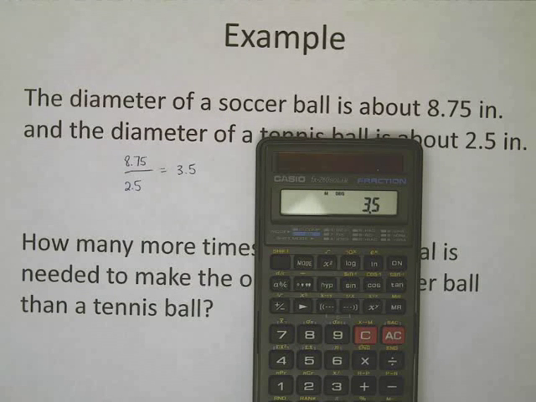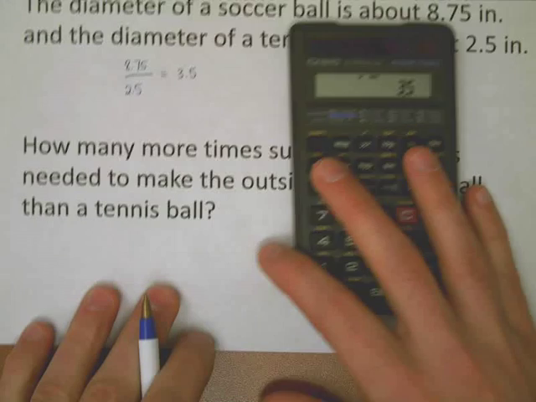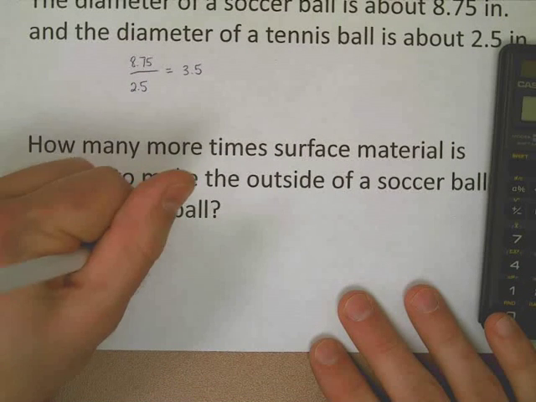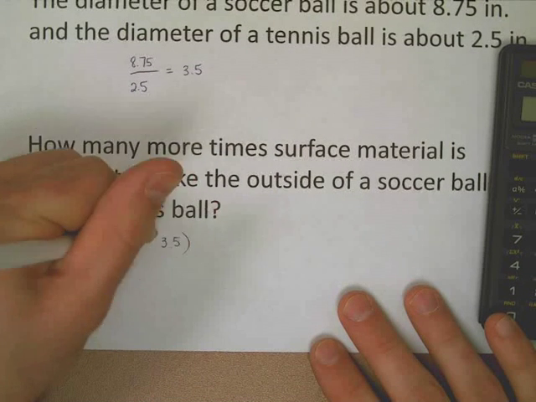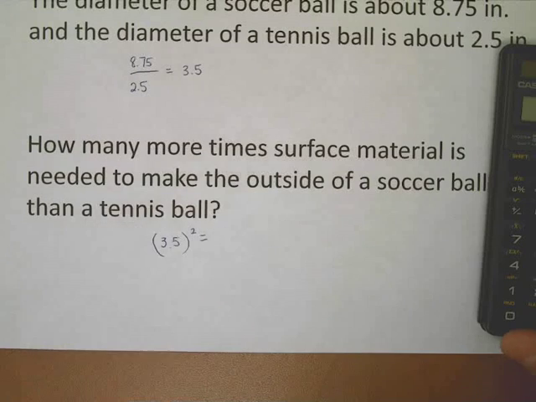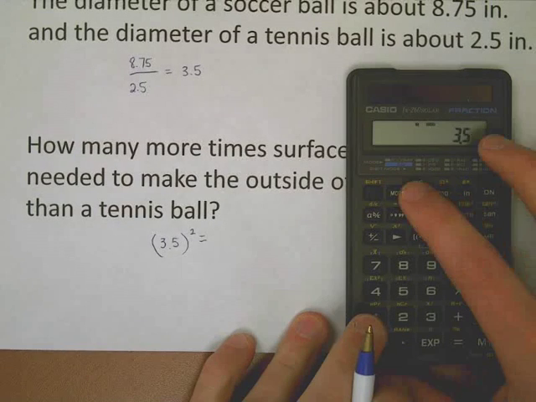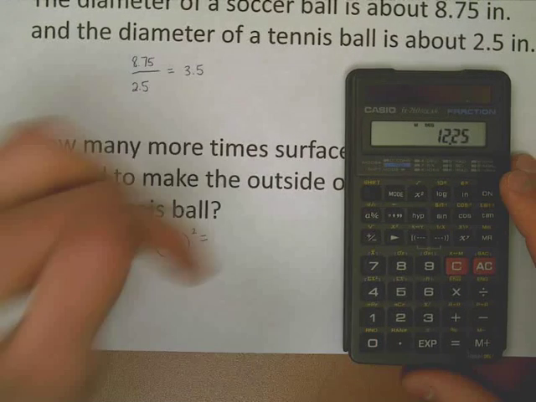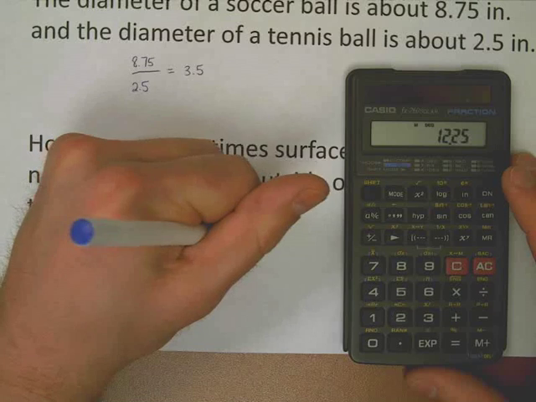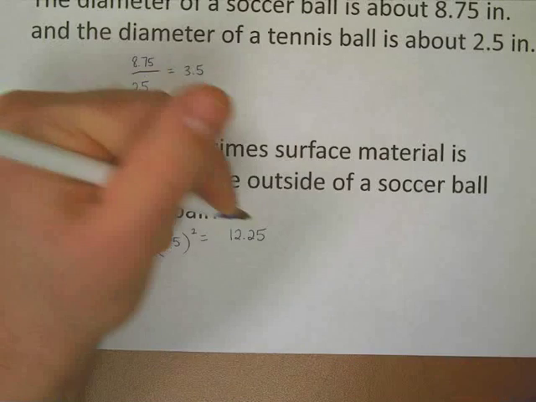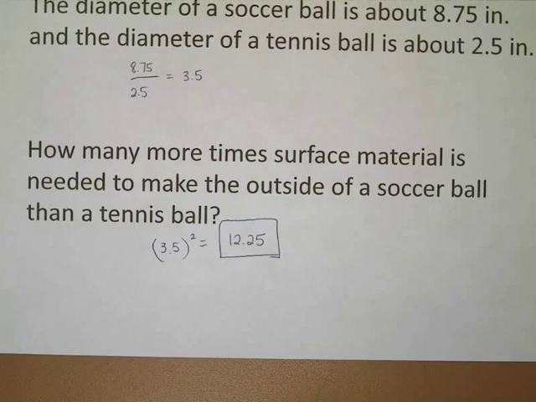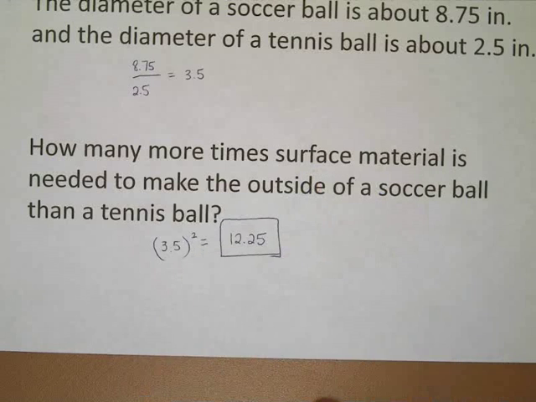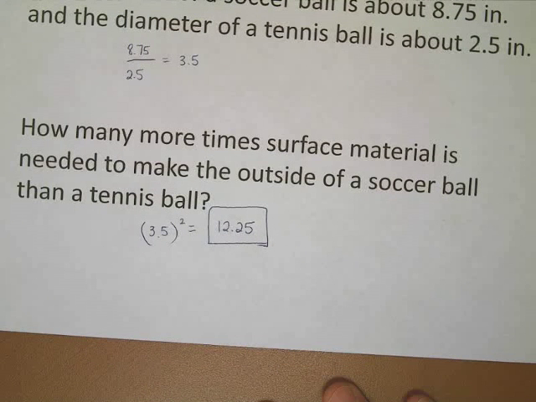That's 3.5. It's 3.5 times bigger across. So in order to get to the surface area, I take 3.5 and I square it. That means you have 12.25 times as much surface area. How many more times surface material is needed? 12.25 times the surface material.